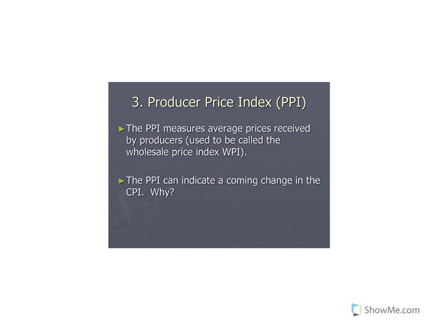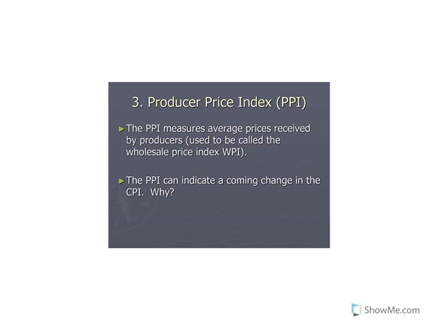So oftentimes we use the Producer Price Index as an indicator of what we expect to happen to prices that the average consumer buys, because theoretically, if producers are paying more for their resources, so if the Producer Price Index is going up in value, then eventually that's going to cause the Consumer Price Index to go up in value, because it's going to cause the price of goods and services to rise, since firms are having to pay more for their resources.